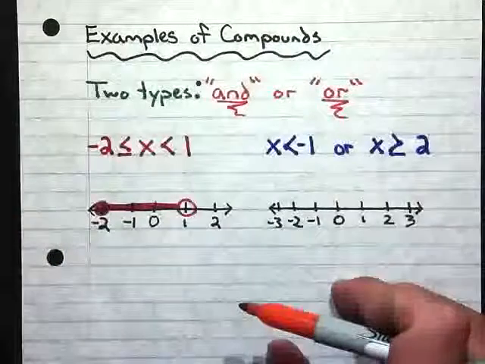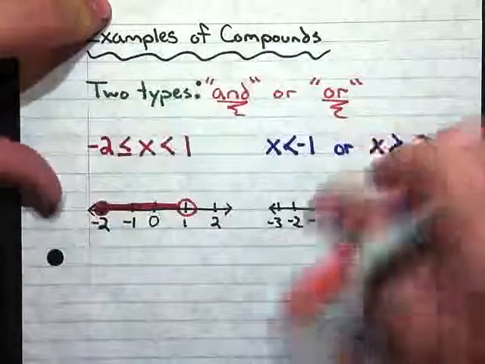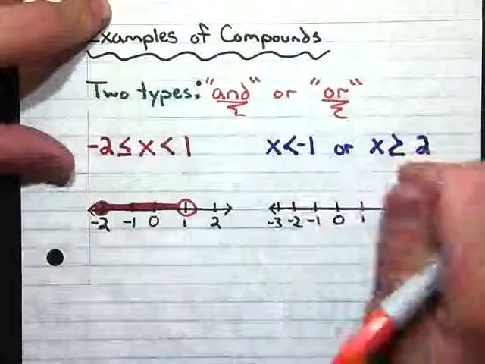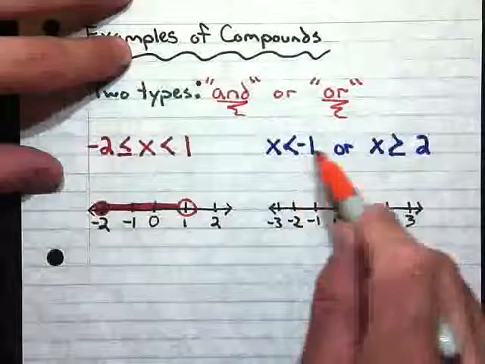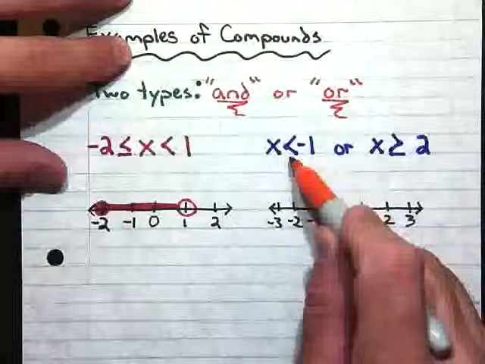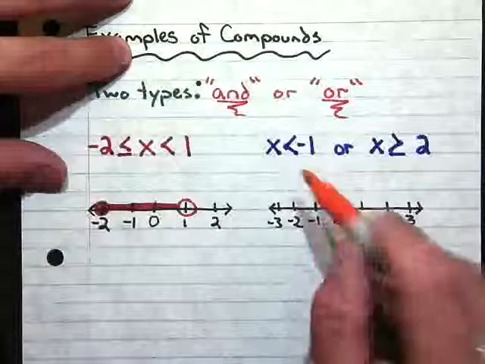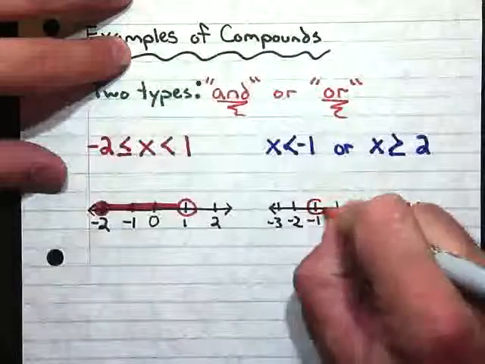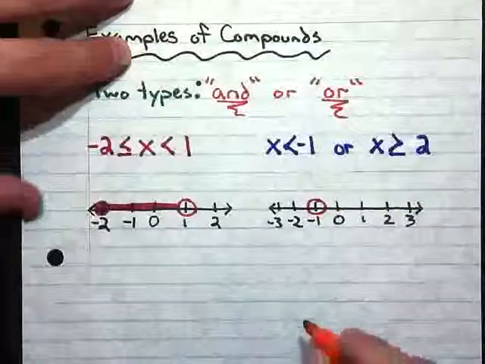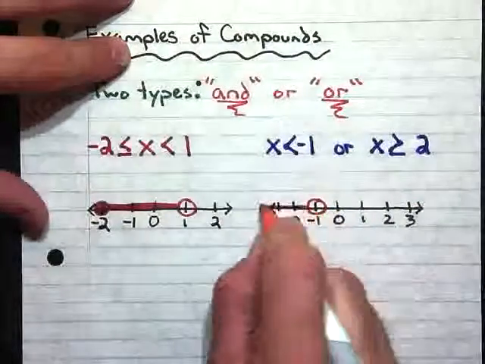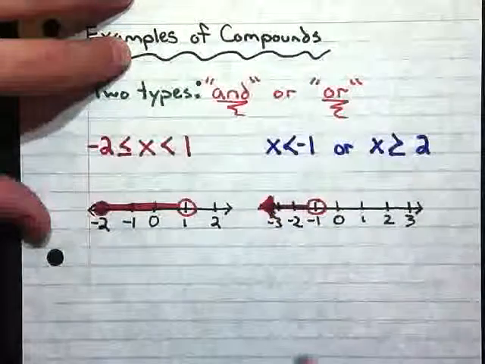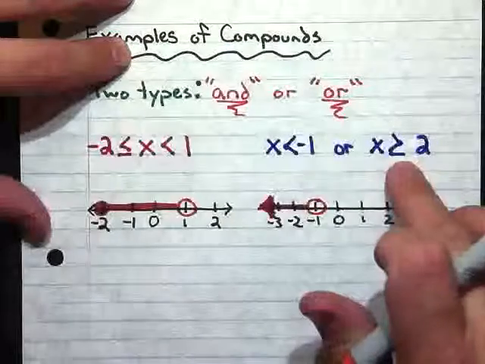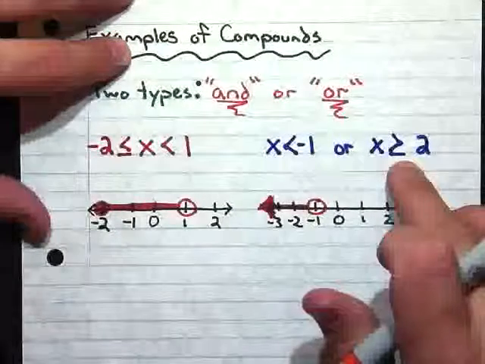So let's take a look at the or compound. For an or, we graph each one of these inequalities separately. So x is less than negative 1. Because it's a less than inequality, we use an open circle at negative 1, and x is less than that, so it's going to be everything to the left. And then for our other inequality, we have x is greater than or equal to 2.